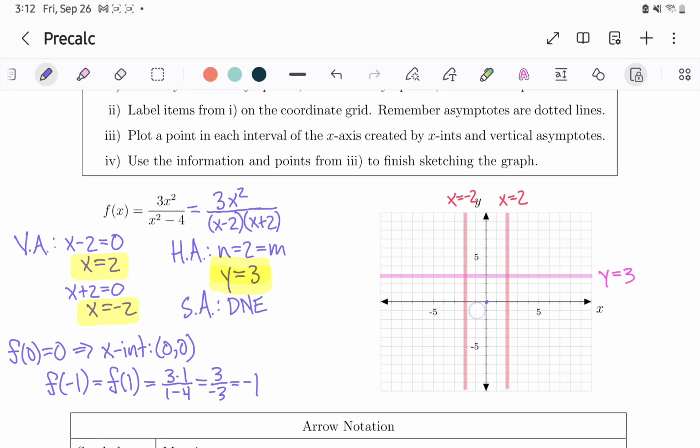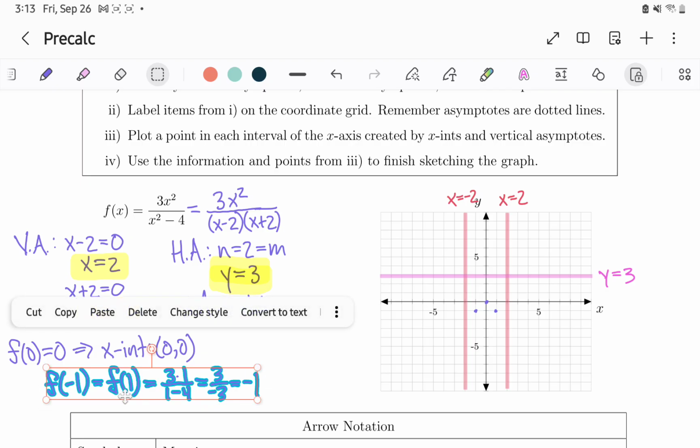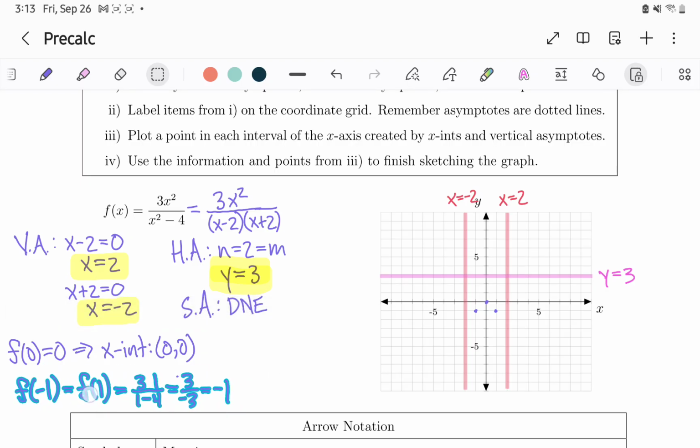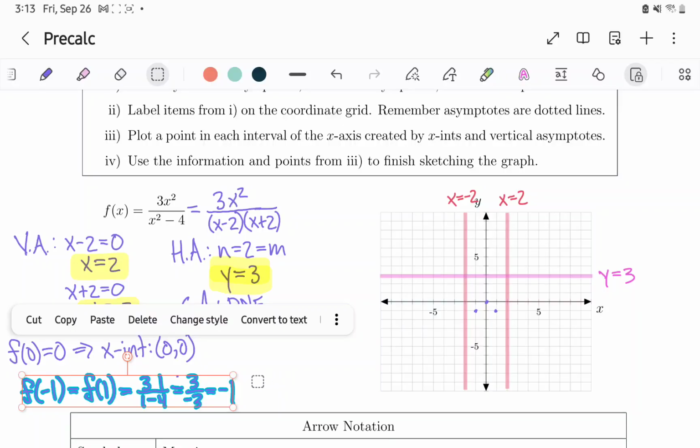So we're going to have points here and here. And then let's go and plot some points on the other sides of the two vertical asymptotes. So let's find f of -3. And from what I just said, that's also going to be equal to f of 3. So that'll give us 2 more points.